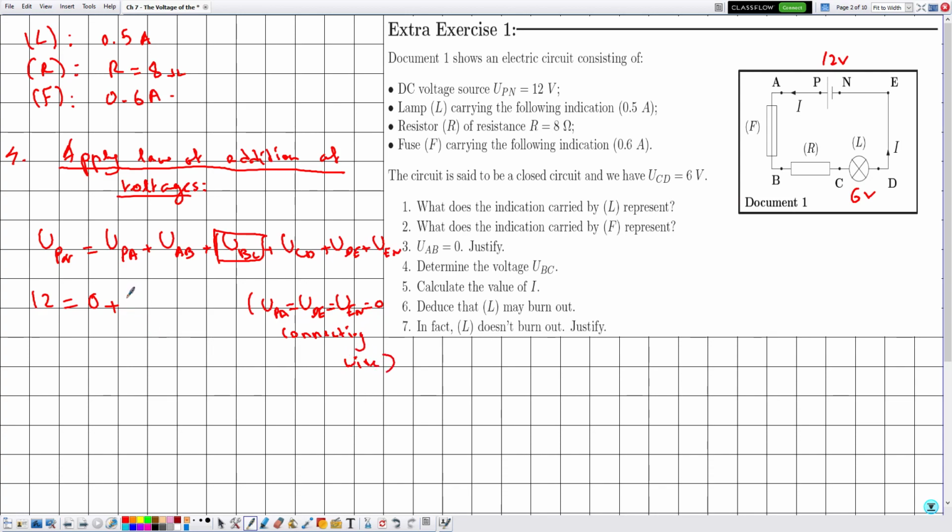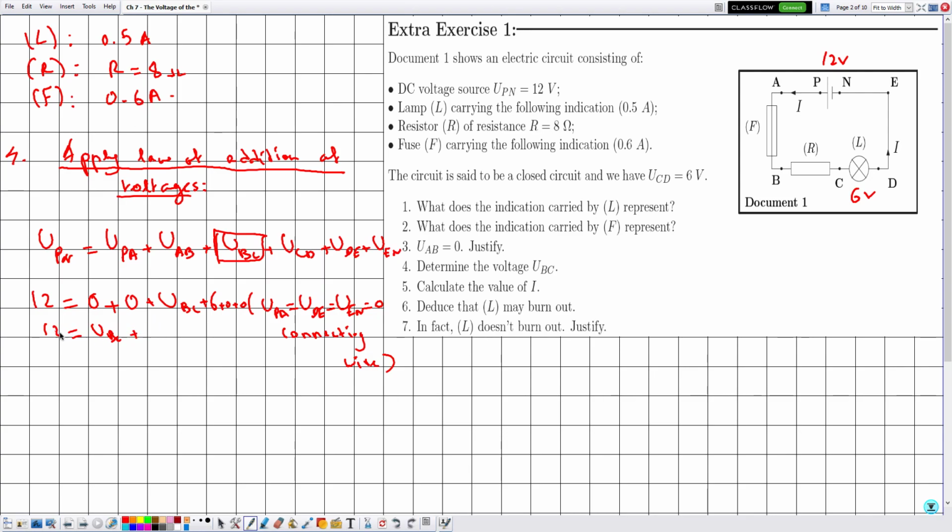So plus 0 plus UBC, now UAB is 0 as justified previously, plus 0 plus 0 plus 0. Here UCD is given by 6, plus 0 plus 0. So 12 is equal to UBC plus 6.